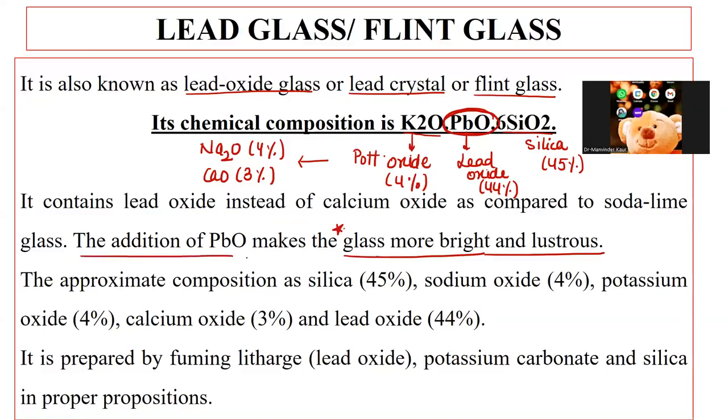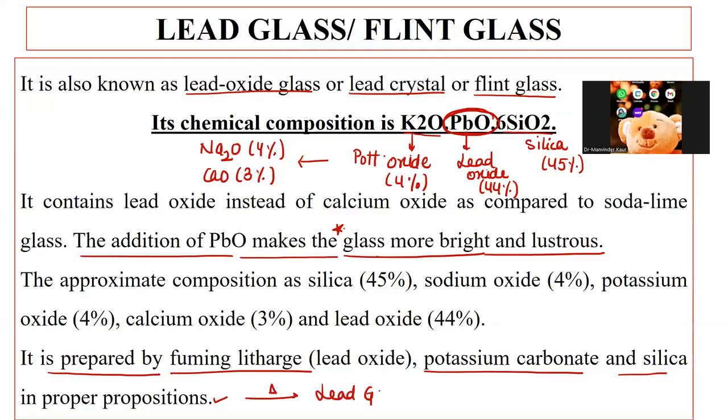Addition of PbO makes the glass more bright and lustrous. It is prepared by fusing litharge, potassium carbonate and silica. When taken in the proper composition and heated at high temperature, we get lead glass at the end of the process.